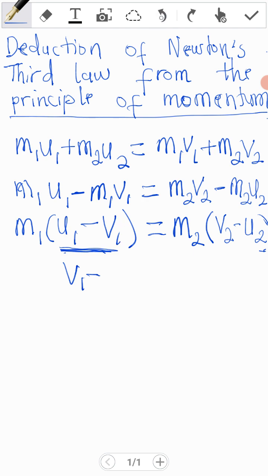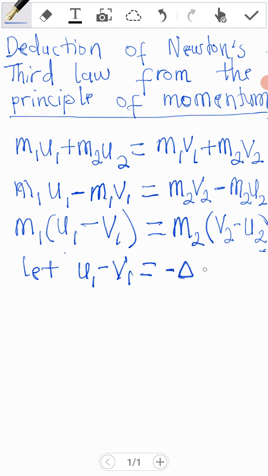Because it is the opposite, we will say let u1 minus v1 equal negative change in velocity.